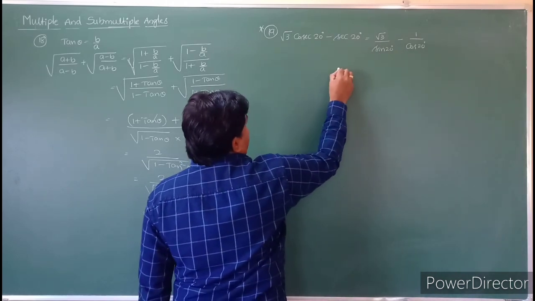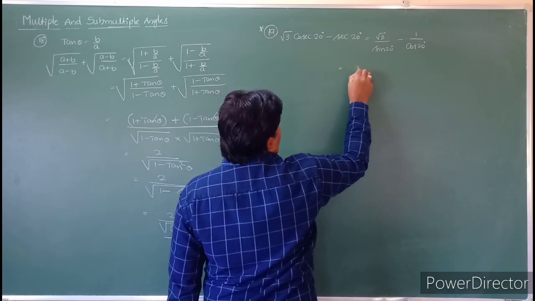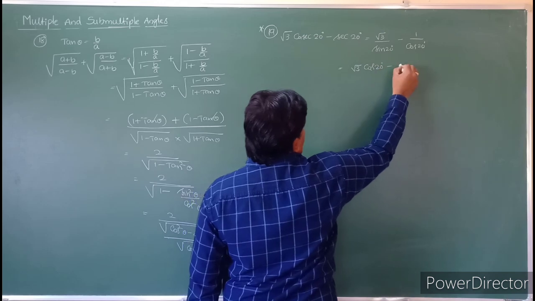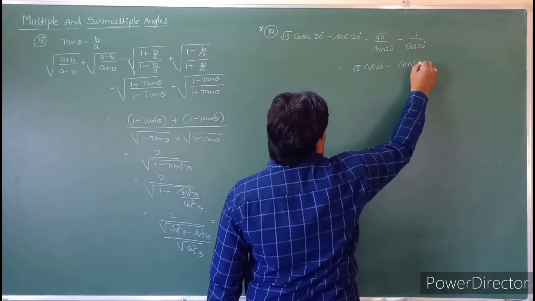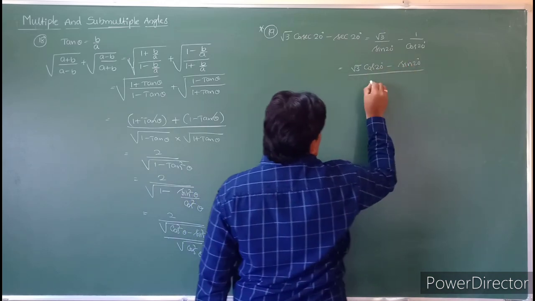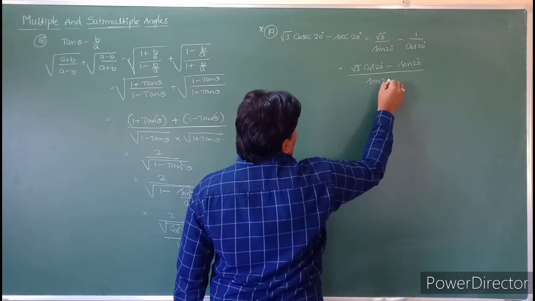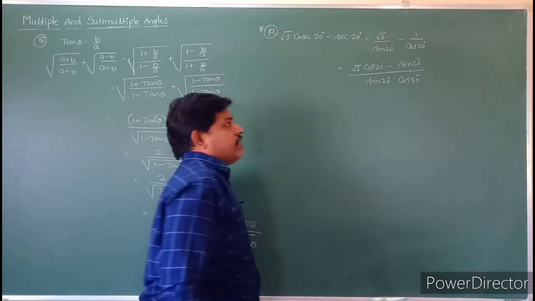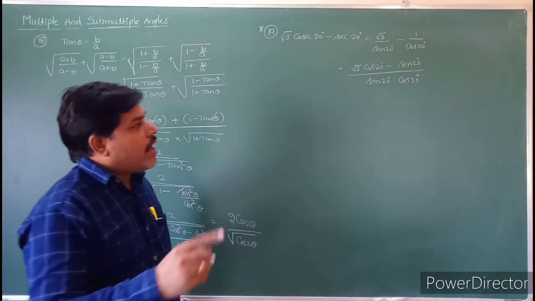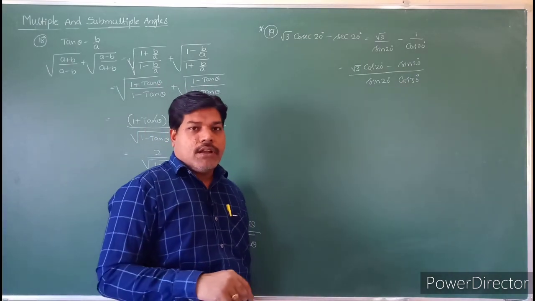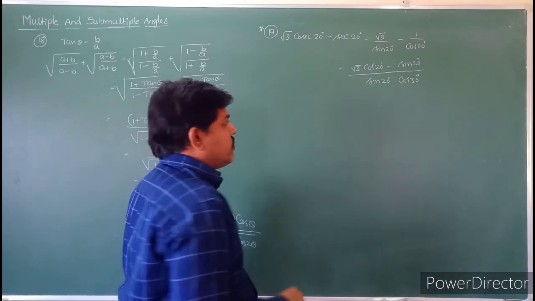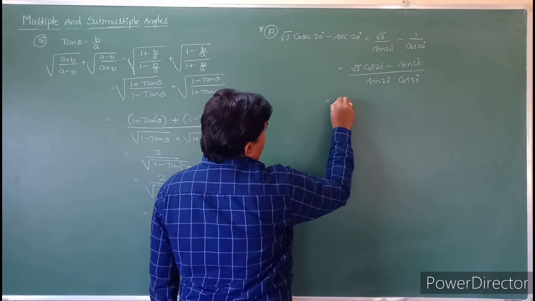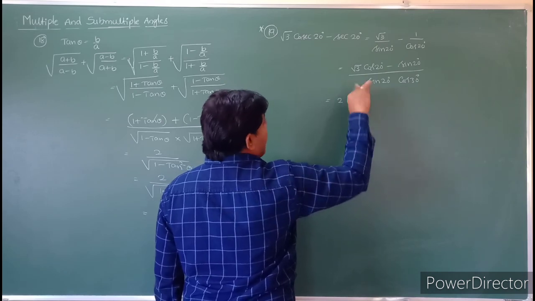What happens, students? So that is equal to root 3 cos 20 degrees minus sine 20 degrees by sine 20 degrees into cos 20 degrees. What we did for this question is, in the numerator I multiplied and divided with 2.